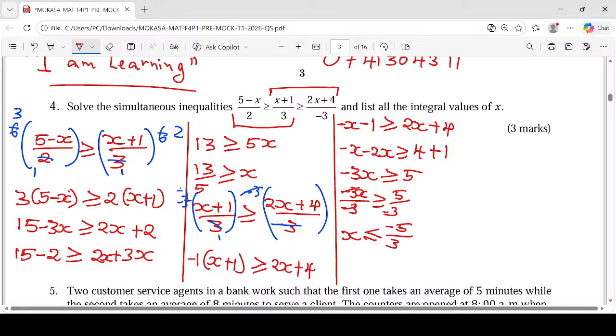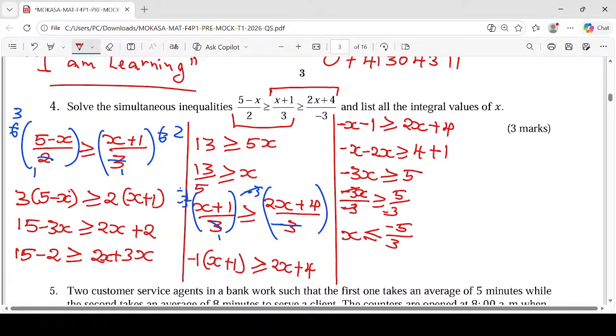We have this inequality as (x plus 1)/3 is less than or equal to (2x plus 4)/(negative 3). The LCM here is negative 3, so we had to multiply through by negative 3. This would have been negative 1 into (x plus 1) being greater than or equal to 2x plus 4. This is negative x minus 1.